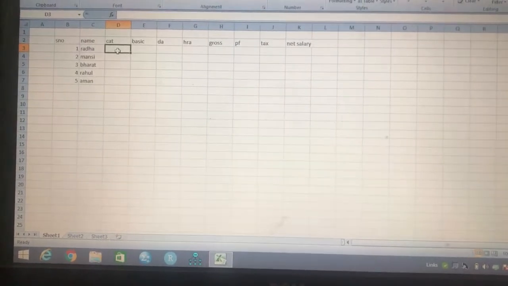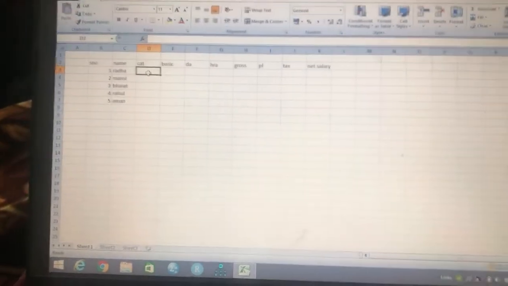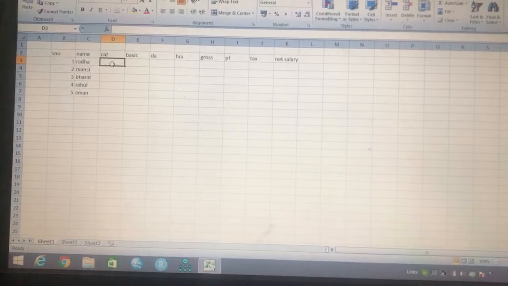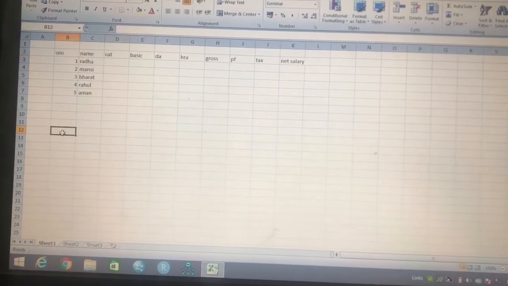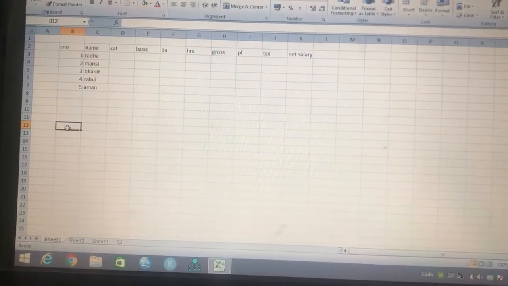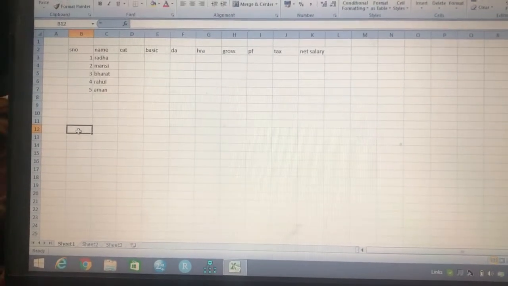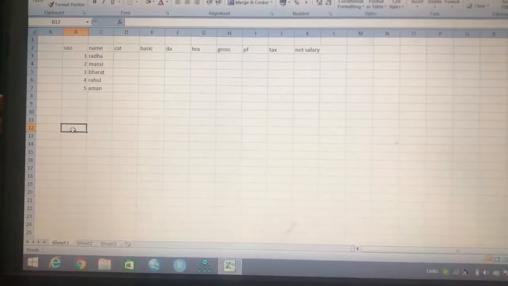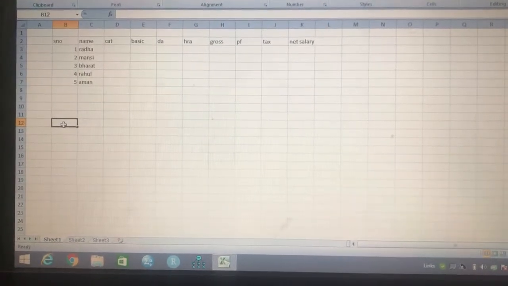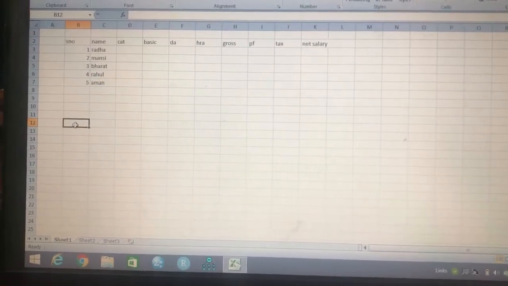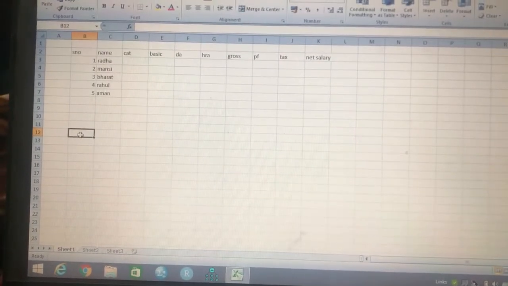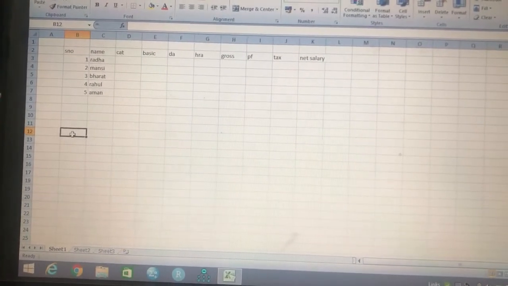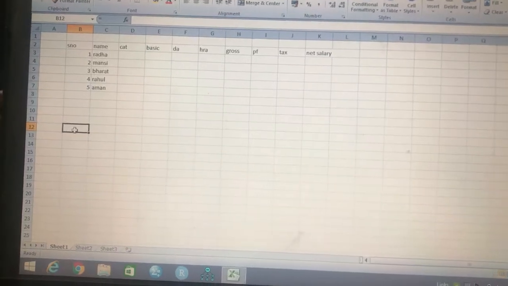Now, the purpose of this category is that you may have certain categories of employees with you, and their basic, their DA and HRA may differ based on the category, right? So let's say we are given certain categories, A, B, and C, where the basic salary and the DA, TA, and all that differs.